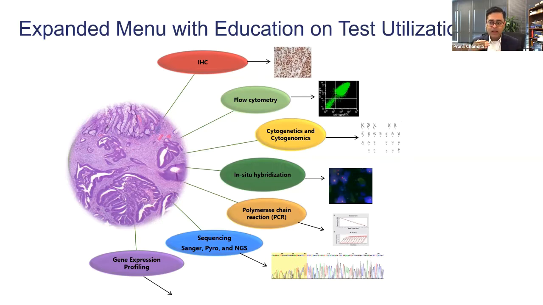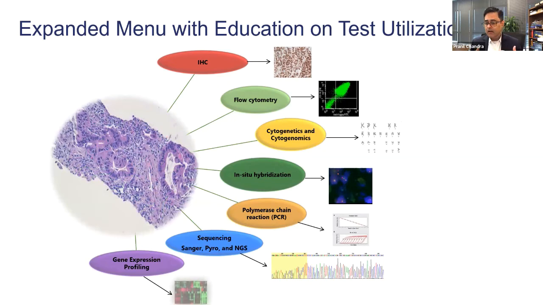And so our educational efforts, again, it starts with education and it also ends with education, is making sure the right test or right series of tests is performed for the right patient at the right time.